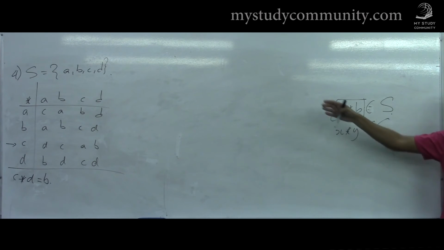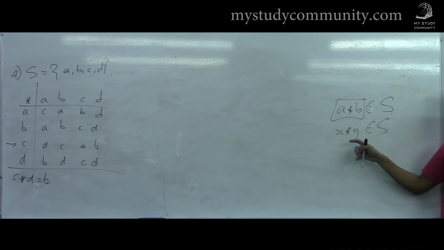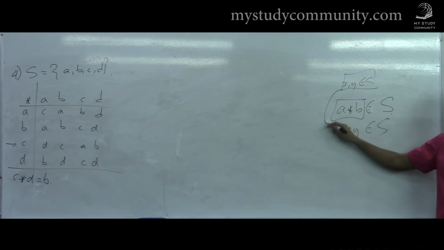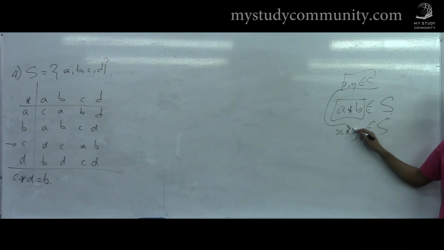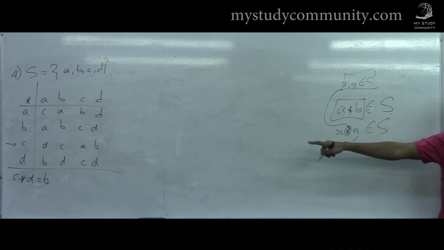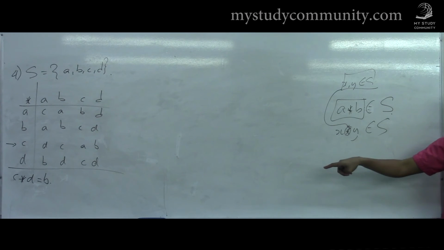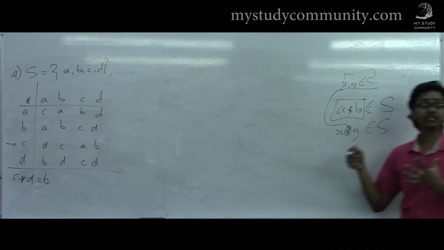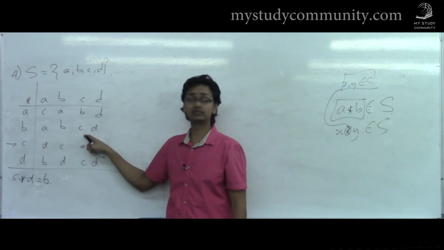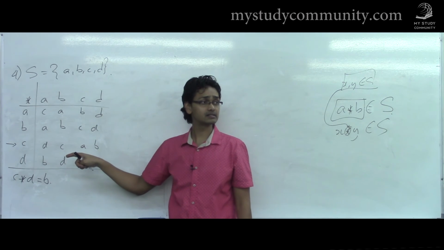Because we have A and B inside the table, for any 2 elements X or Y in my set, I want to show that X binary operation Y is also in my set, yes? And remember, we read the table row by column, and my output is actually the entries in my table. So these things here are my output values, yes?